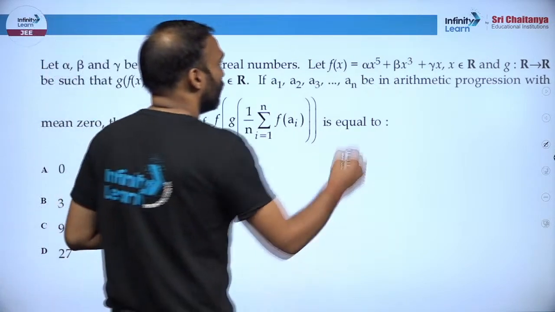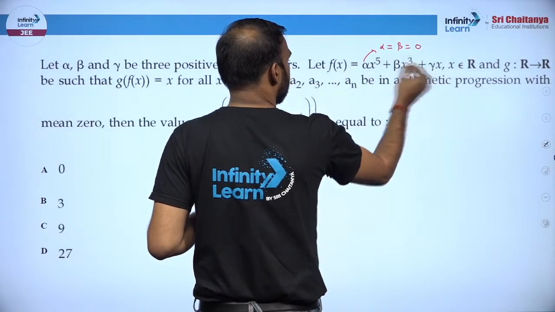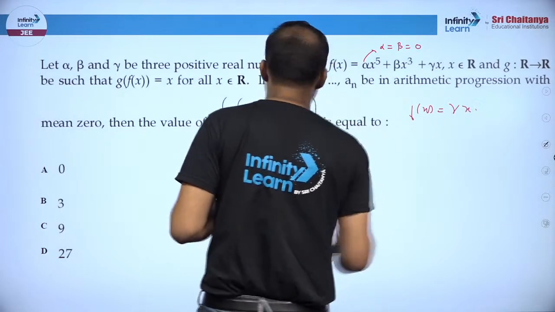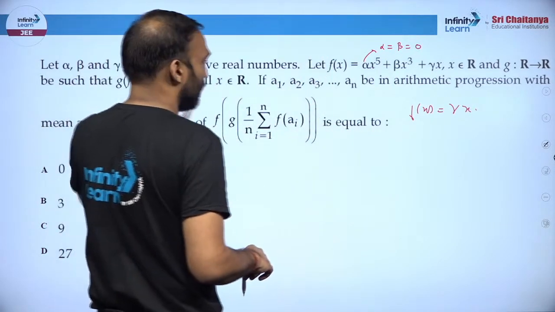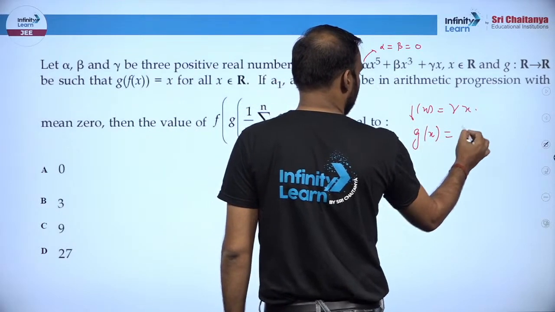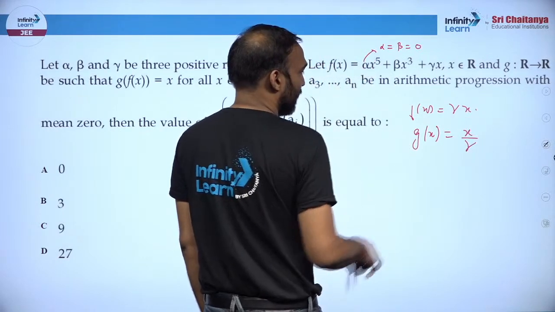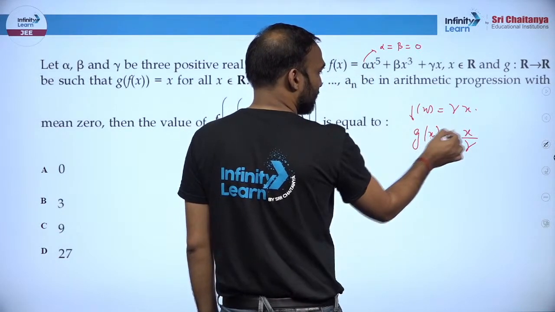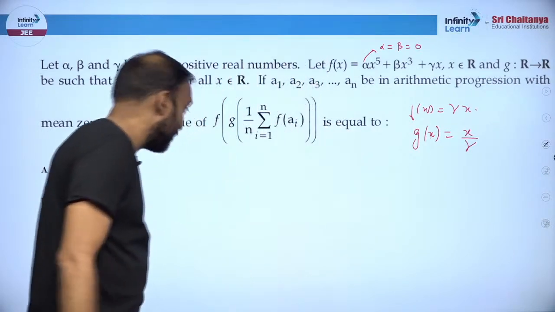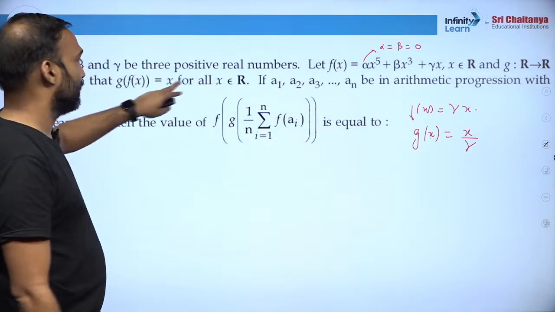If I put α equal to 0 and β equal to 0, I'll get f(x) equal to γx, and g(f(x)) is coming down as x, so I can assume that g(x) will be equal to x/γ, because if I put f(x), then I'll put γx and I'll get x, right? So g(x) is x/γ and f(x) is γx. These two functions will satisfy this equation.